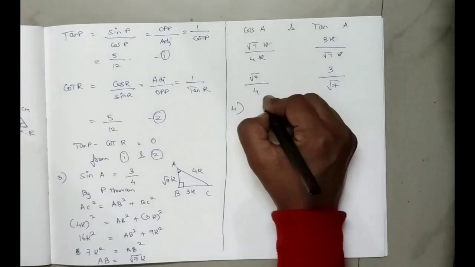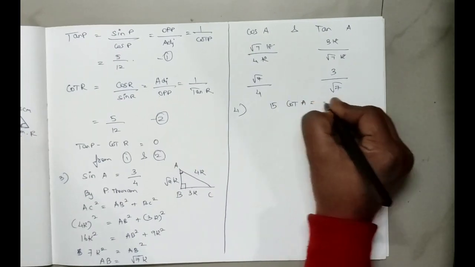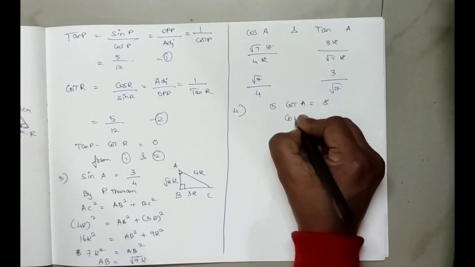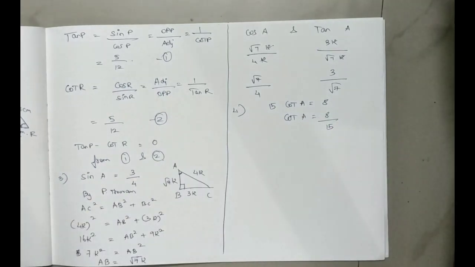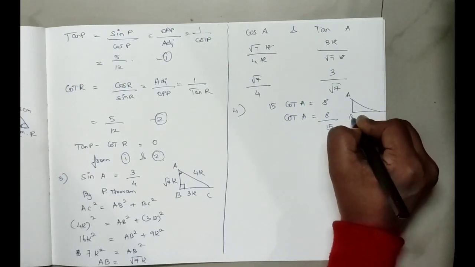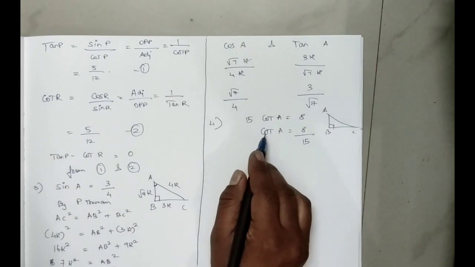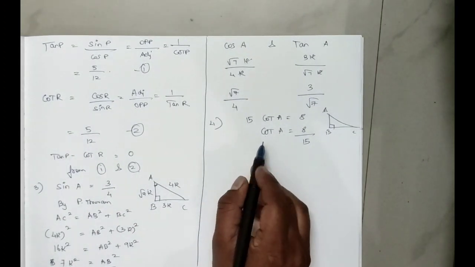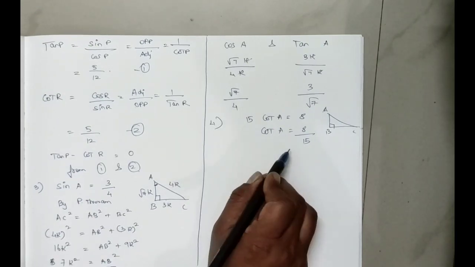What is given is 15 cot A equals 8. So cot A is 8 by 15. So we'll again assume a triangle ABC where it is right angled at B, and it is given cot. What is cot? It is nothing but adjacent by opposite. Correct? Tan is opposite by adjacent.